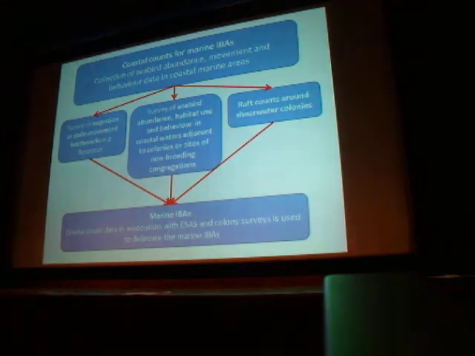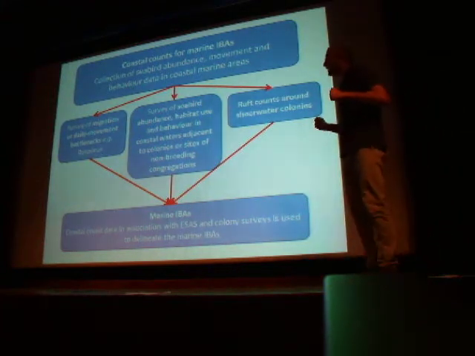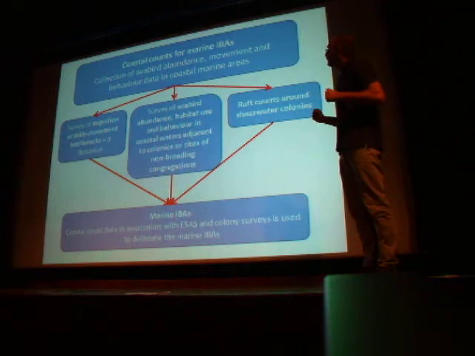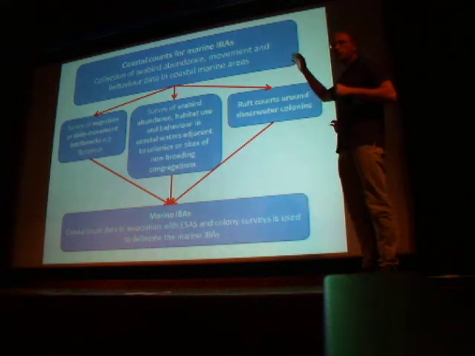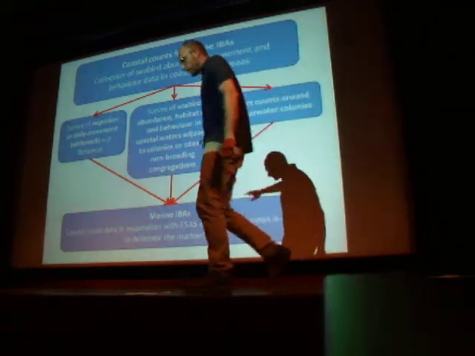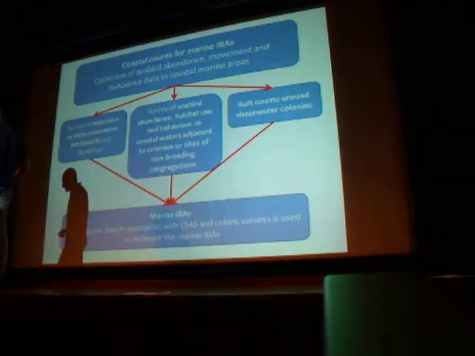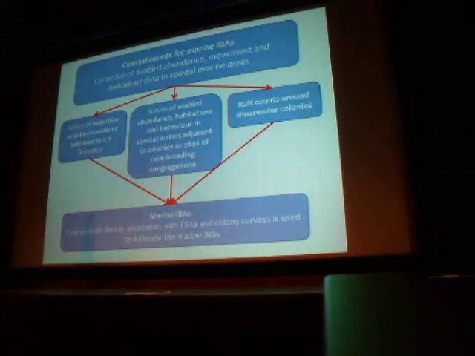So, like I said, how coastal counts can be used for marine IBAs. First of all, coastal counts are used for collection of data in a similar way as ESAS surveys for the sea and seabird abundance. So how many birds, or what is the density, their movements, and behavior.